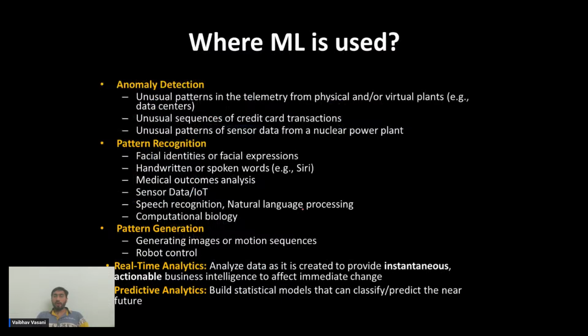Okay. So where is ML used? Anomaly detection. There are certain cases where anomalies are there. Unusual patterns in the telemetry from physical and virtual plants, like a lot of data centers. These anomalies are sometimes because someone is trying to hack into the system. So that may be an anomaly, and maybe some sort of attack is there.